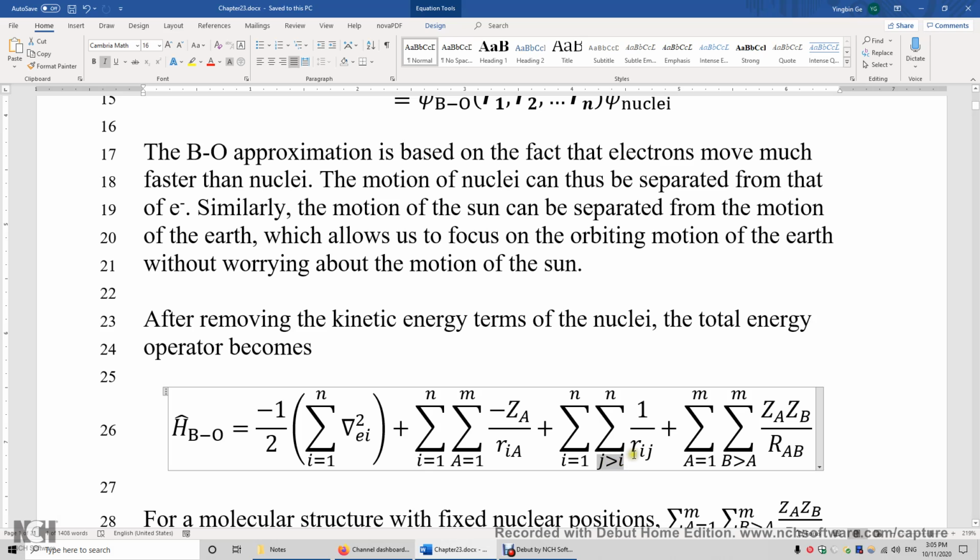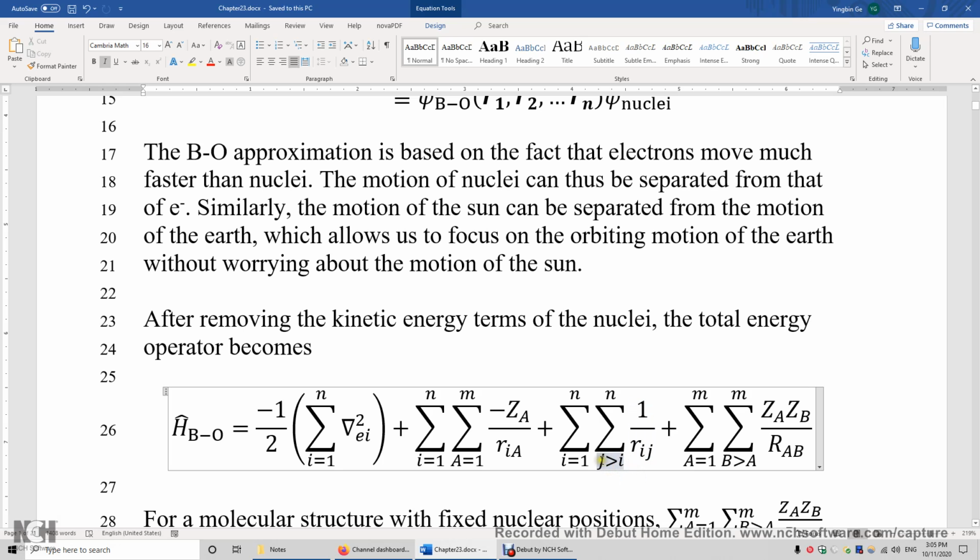That means if we write 1 over r12, that's the repulsion between electron 1 and electron 2. Then we should not include 1 over r21 as well, because 1 over r21 is also the repulsion between electron 1 and electron 2. So by enforcing this j is greater than i, we avoid double counting the repulsion terms.